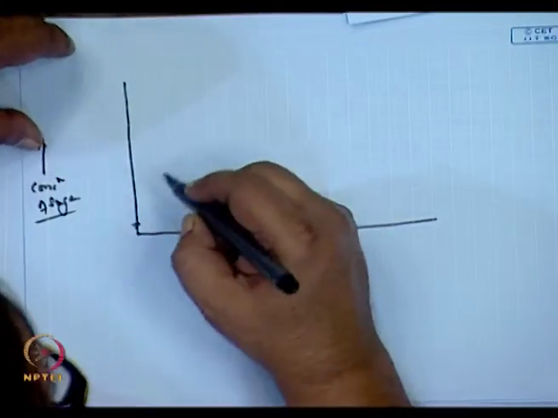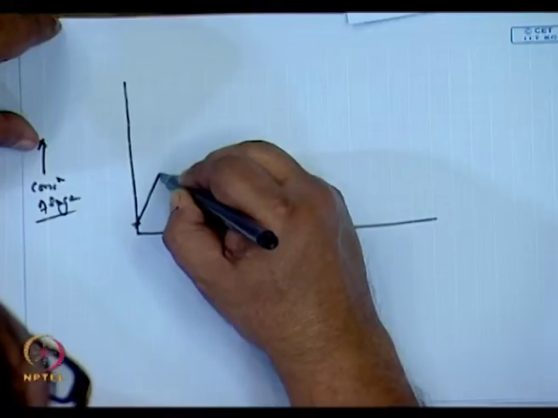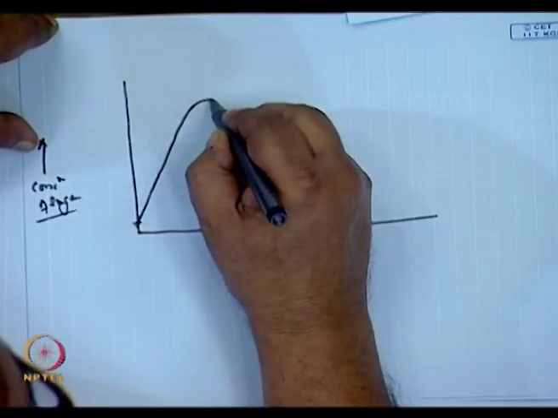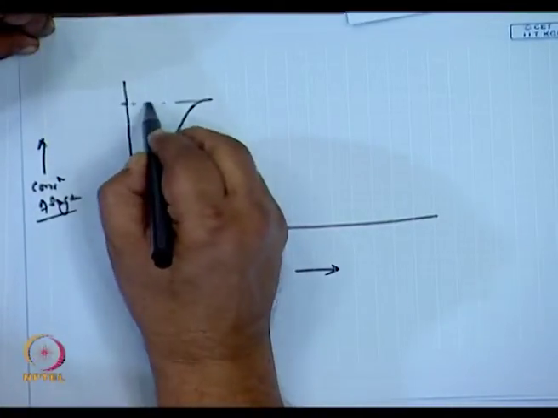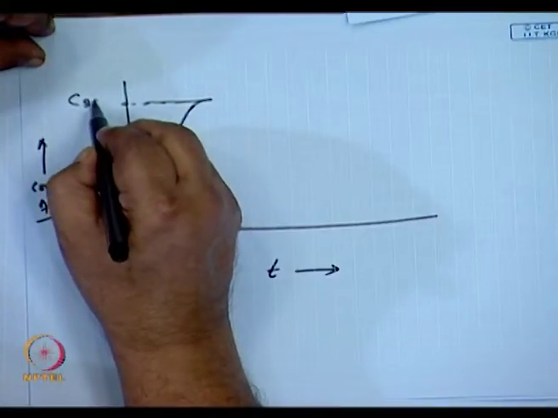If you keep on heating, what will happen? Water will keep on evaporating until such time the solution becomes supersaturated with sugar. That is, the sugar cannot be held in solution anymore because the volume of the water which is available has reduced. So, if I start off from this point of time, I am heating the sugar solution, the concentration of sugar rises till it reaches a point of supersaturation.